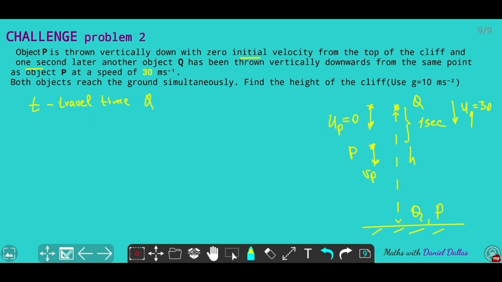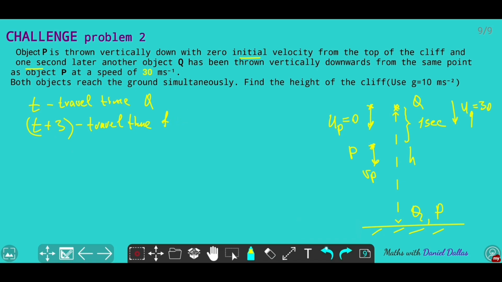So object Q took less time in order to travel because it has greater velocity, larger velocity 30. The value is definitely larger in comparison with the initial velocity for object P. So for object P, we will get t plus 3. That's going to be the travel time for object P. It took 3 seconds more.